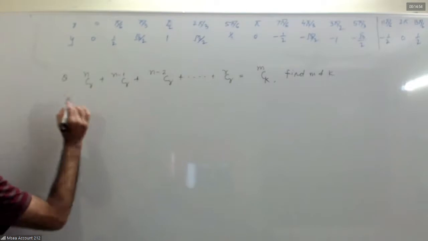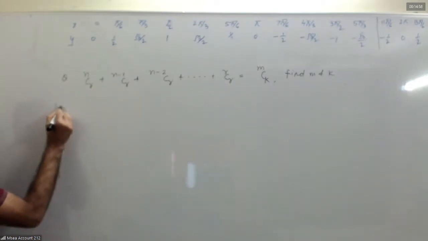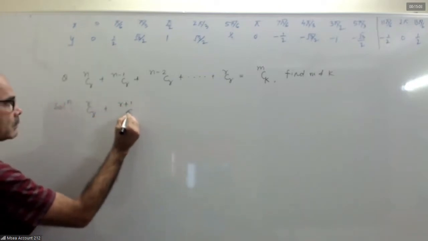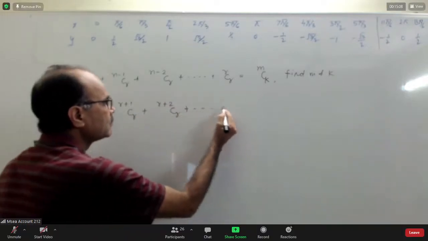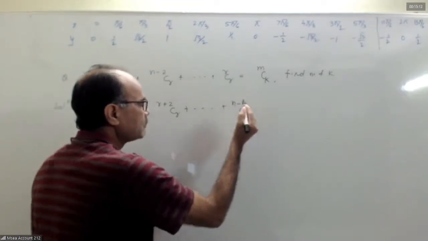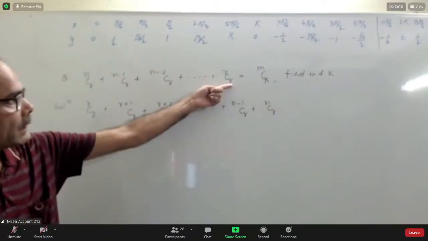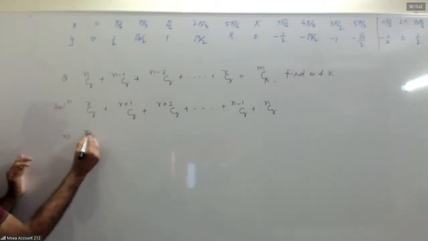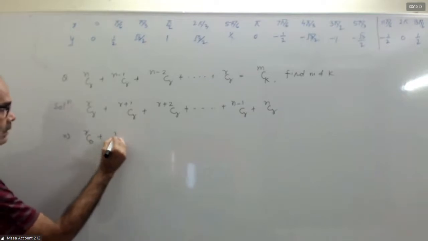Team, start writing the series from the last, RCR. Writing the series from the end, applying NCR equal to NCN minus R.